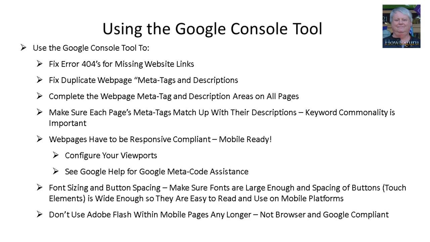Font too small. I had 4 web pages with font set too small to work properly on mobile devices. Touch elements too close. There were several web pages that had buttons installed too closely to be easily and separately usable on a mobile device. They would overlap on that platform, so they needed to be spaced further apart. Flash usage error.